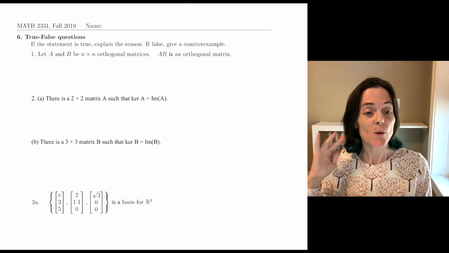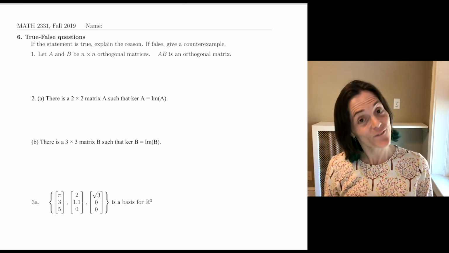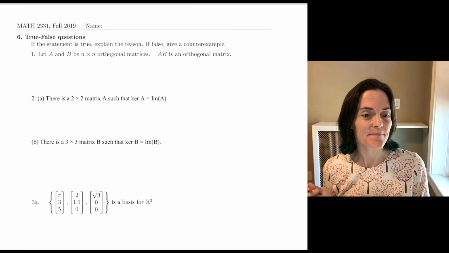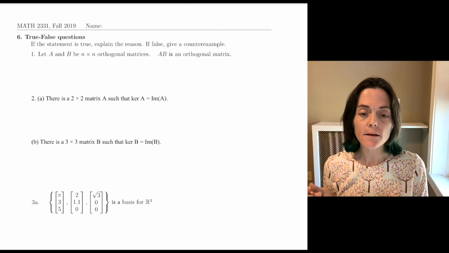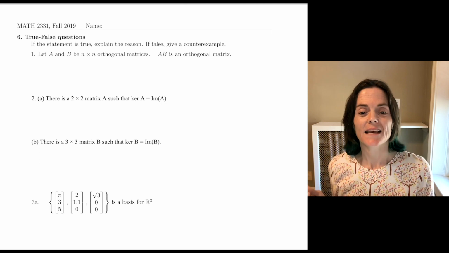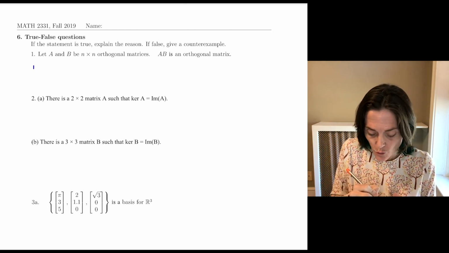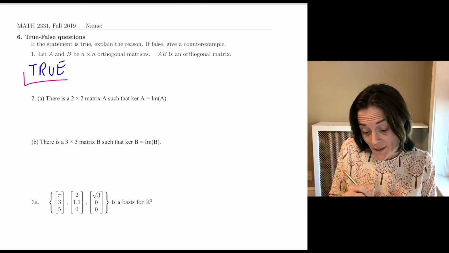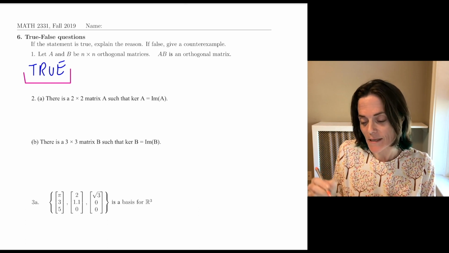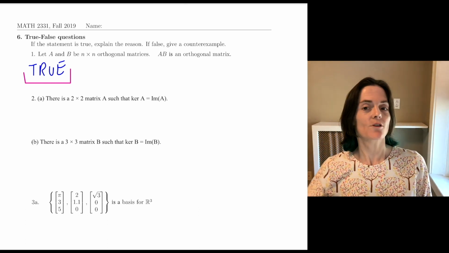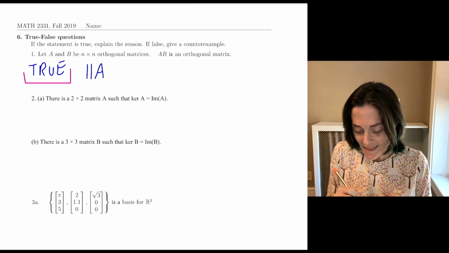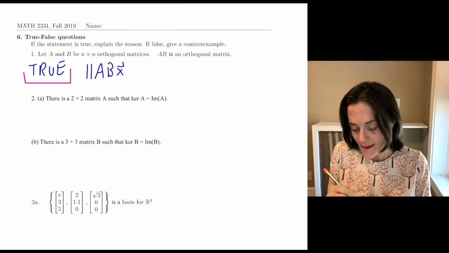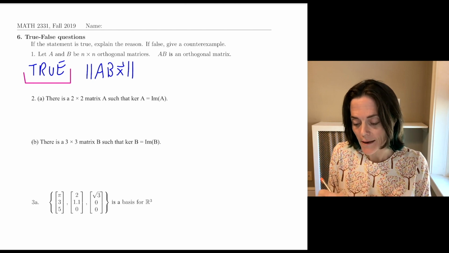Last page, we have 6 true-false that came from the fall 2019 final exam. A, B are n by n orthogonal matrices. The product is an orthogonal matrix. This is true. There's a number of ways you could justify this. Maybe I will do this thinking about length preserving. So let's figure out what is the length of ABX. Here x is some vector in Rn.